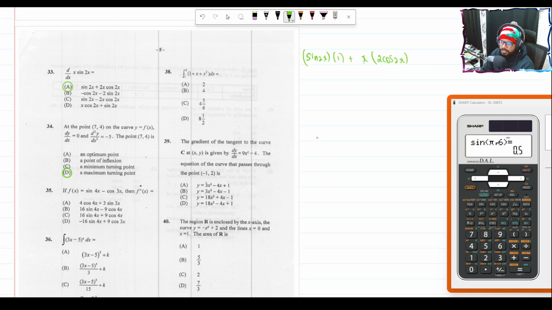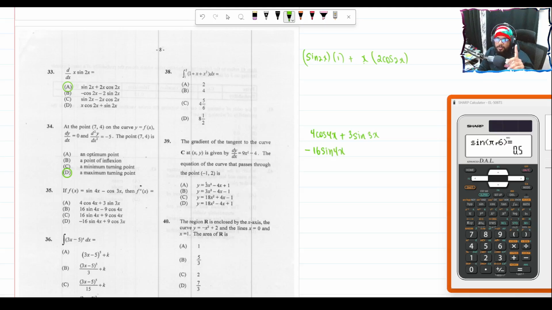When I differentiate sine 4x, I'm going to get 4 cosine 4x. When I differentiate cosine, I'm going to get negative sine, which changes this to positive. So I'll get plus 3 sine 3x. I'll differentiate this again. When I differentiate cosine, I'm going to get negative sine. So I'll get negative 4 by 4 is 16 sine 4x.